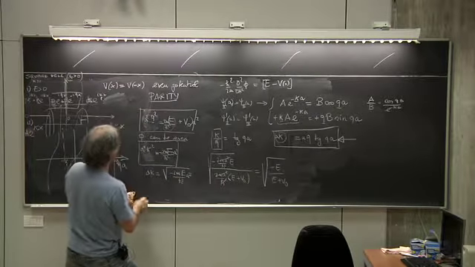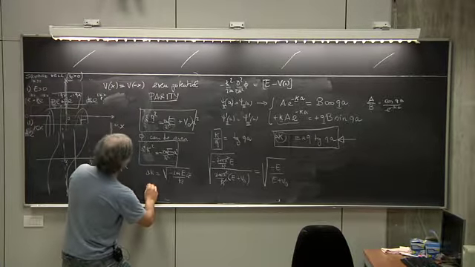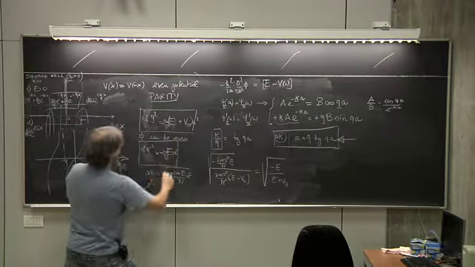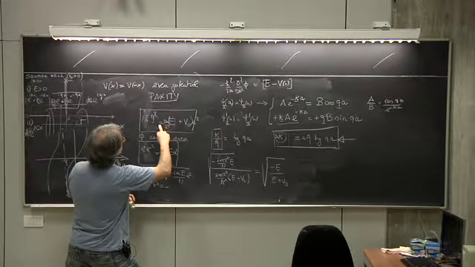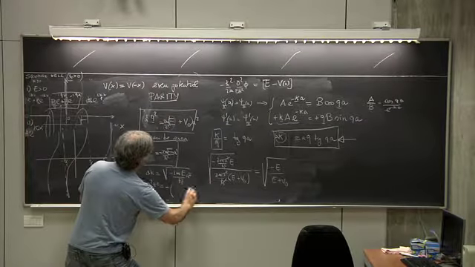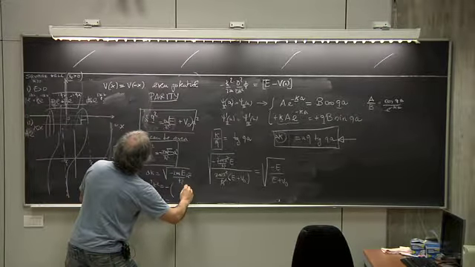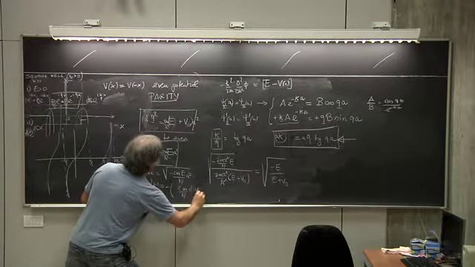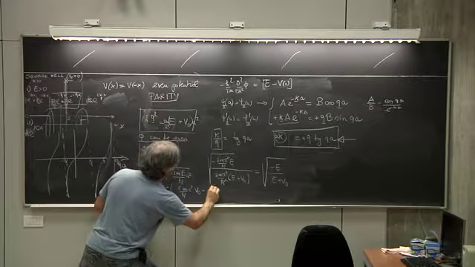Let's not lose our lucidity, okay? So k square is equal to minus, so this one I bring on this side, and this is equal to 2m over h bar square a square v0 minus a square q square.